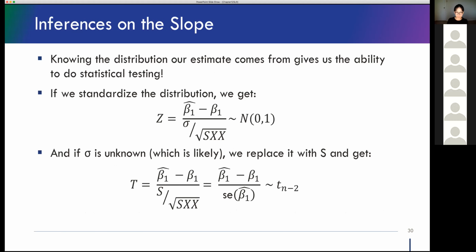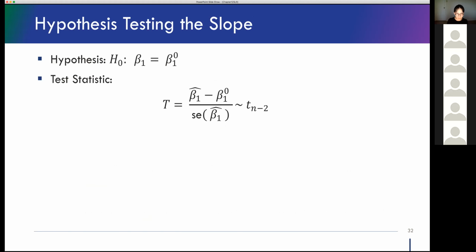Here I'm telling you that now we can do the hypothesis testing. We test this beta 1, and this beta 1 0 is actually 0 in most cases, but let's use beta 1 0 for now, just in case it goes to other values.